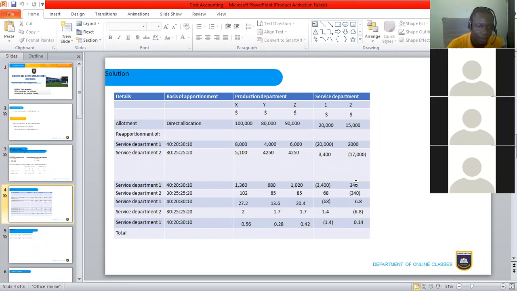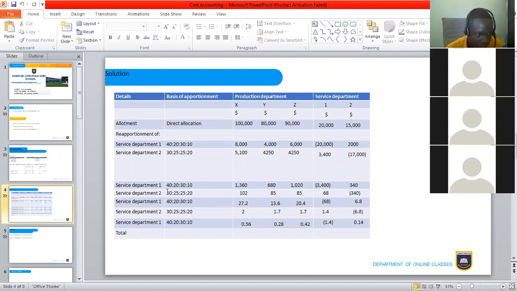Now 340 falls under service department 2. So we must reapportion $340 using the percentages that have been given to us. And you can see for service department 2, the ratios are already here: 30, 25, 25, 20. That is what we are going to use to do the reapportionment.